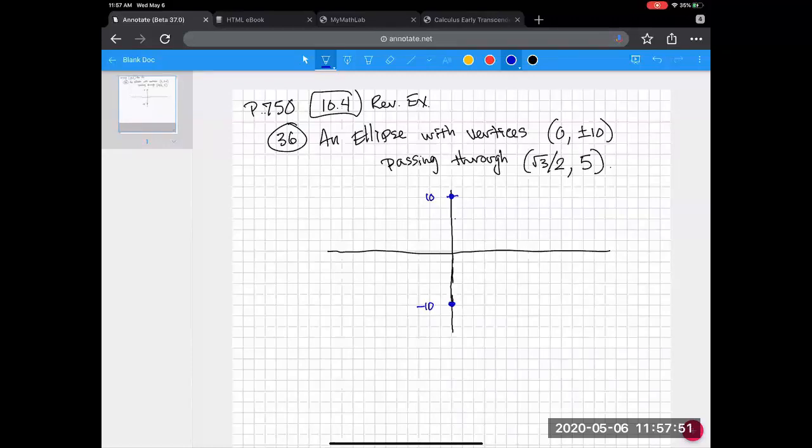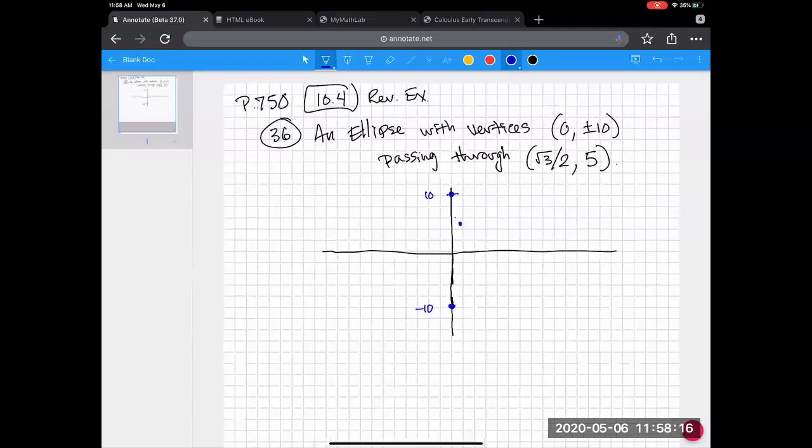So it's like something around here is a point. So 5, square root of 3 over 2. Maybe there. Something like that. So that is a pretty skinny looking ellipse, I think.